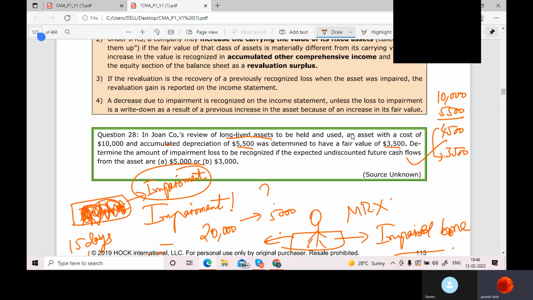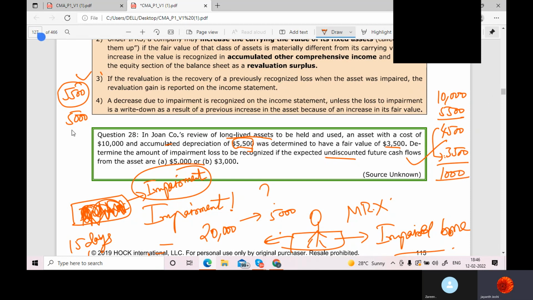So now your asset's new book value is 5,500, correct? And the undiscounted future cash flow is 5,000. Are you able to recover the book value? No. So there's an impairment loss of 1,000. Okay, let's check this.